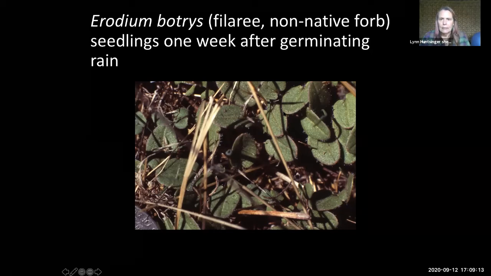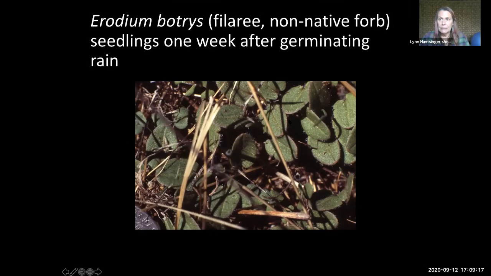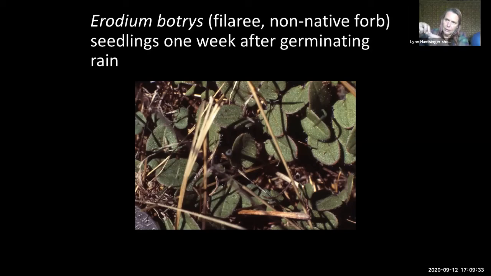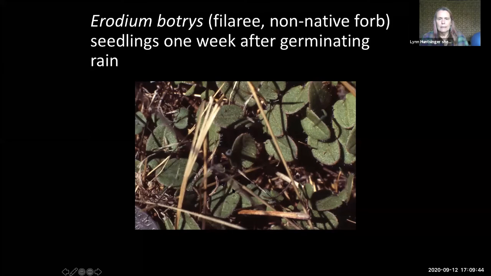And since most of our vegetation, our herbaceous vegetation, our grasses and forbs are annual, they're not going to grow until fall either. They're just going to be seeds sitting in the soil or on top of the soil. Erodium botrys, or Filaree, is geranium-like, and it's got a crane's beak seed that makes a little drill. You may have had the pleasure of stepping on one of those one time, and it drills itself into the ground. Pretty cool.